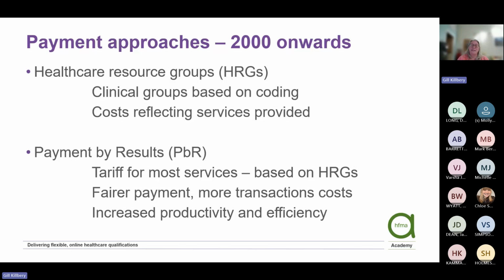Prices were calculated by the Department of Health and were applicable to all providers of NHS care. Of course, there were things that there wasn't a national price for, and that had to be negotiated locally and agreed between commissioner and provider as to how much they'd be paid for specific things. As you can imagine, that led to an awful lot of disputes. I'll talk about those later.